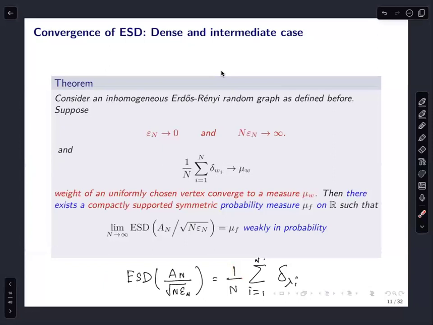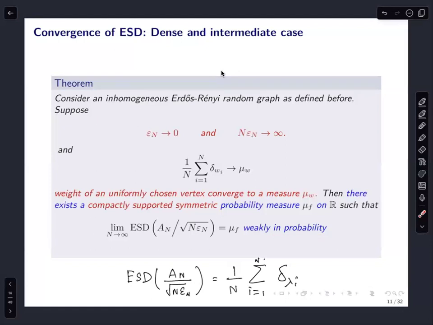Then the empirical spectral distribution converges to a measure mu_f. This mu_f is compactly supported and symmetric, and the convergence is weak in probability. Weak comes from the weak convergence of measures, but there is randomness from the graph itself, so it is in probability.